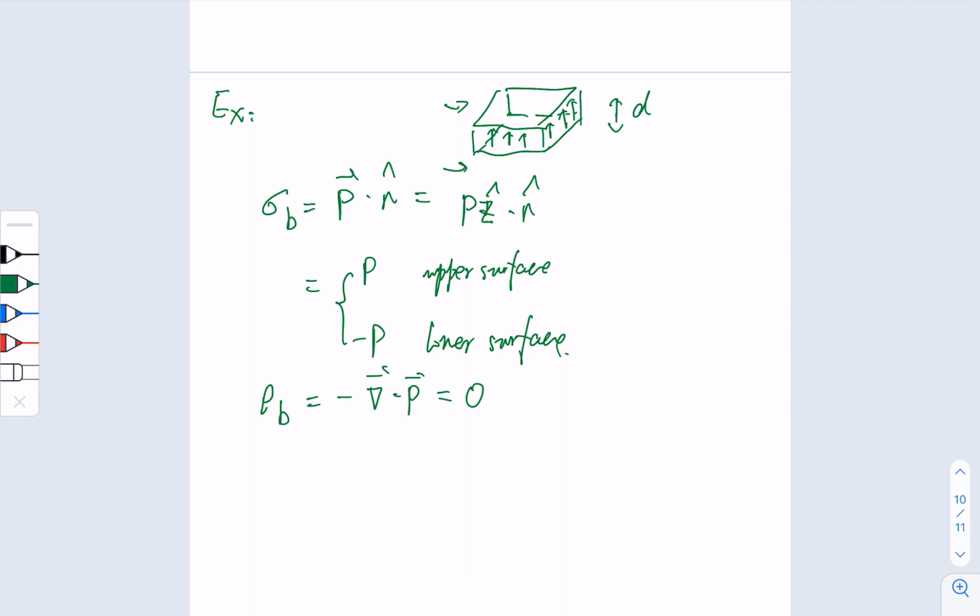So this means that what this material does is it will induce two surface charges. One is at sigma equals plus P, another is at sigma equals minus P, and they are separated by this distance d.